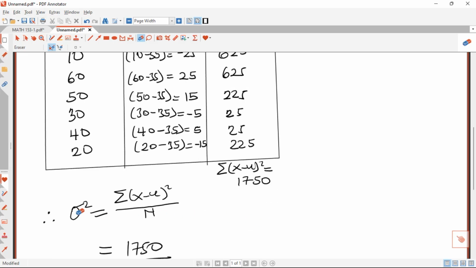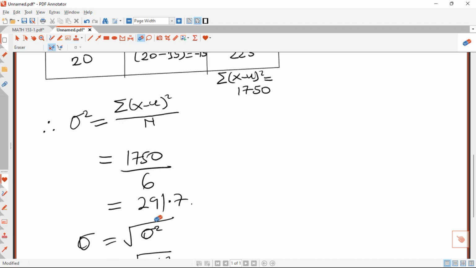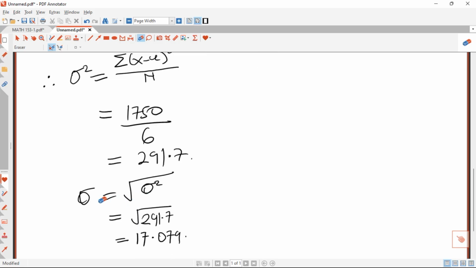So the population variance, sigma squared, is 1750 divided by 6, which gives us 291.7. If you want the population standard deviation, you take the square root of the population variance to get 17.079. This is our final answer.